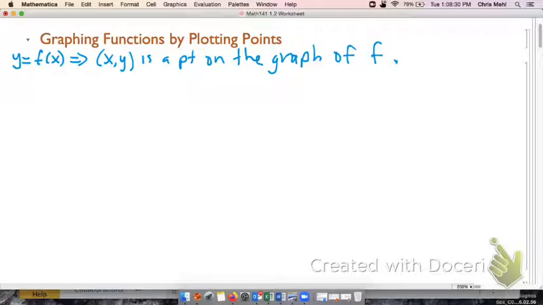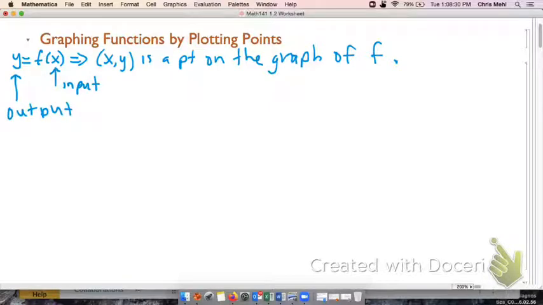So again, this is saying that when x is the input, you plug x into the expression, you read the output from a table, but x is the input. This is saying that y is the output.